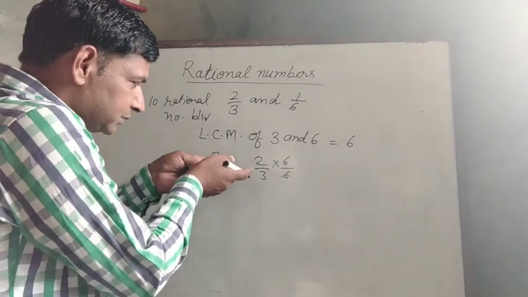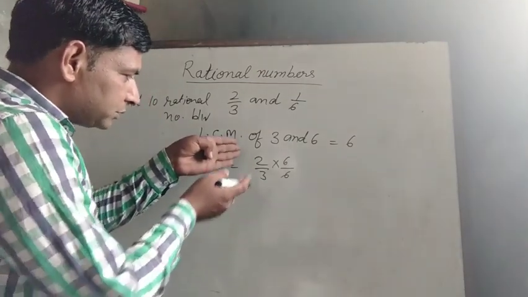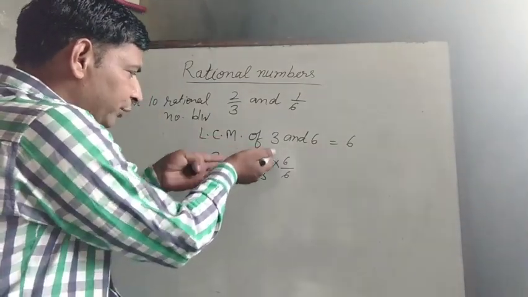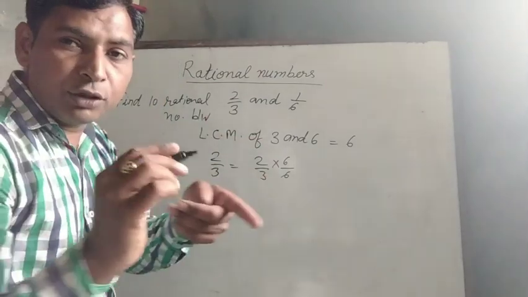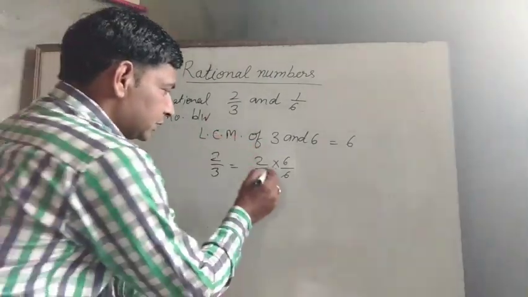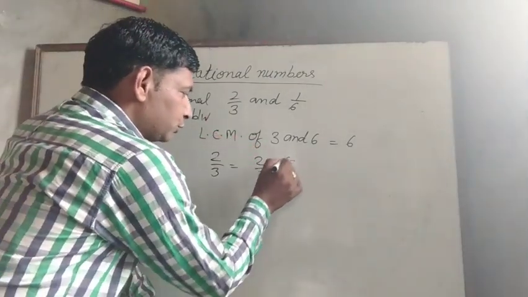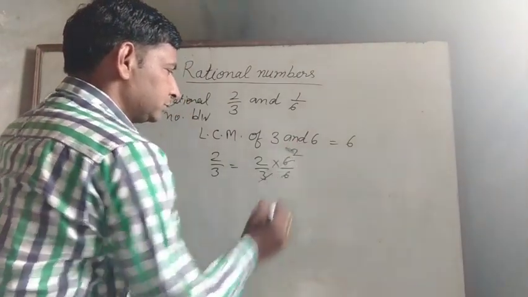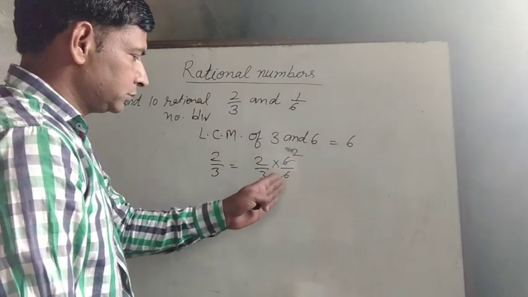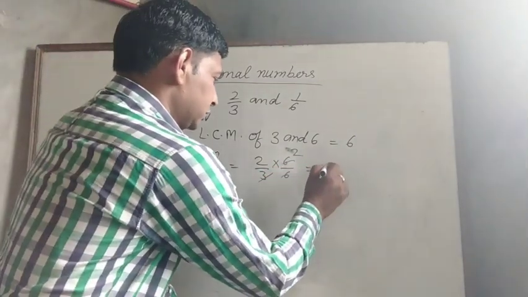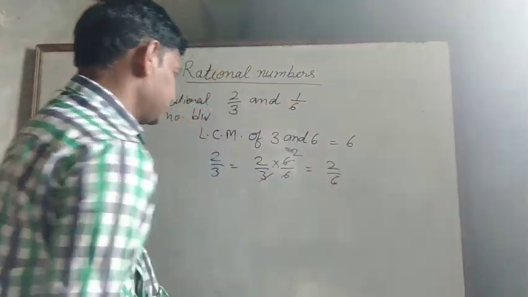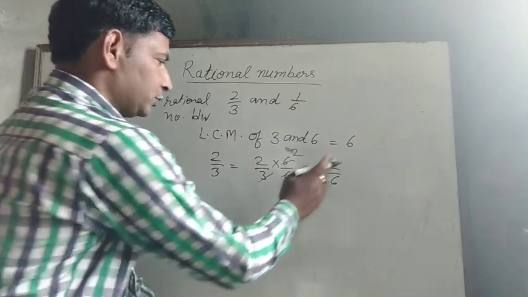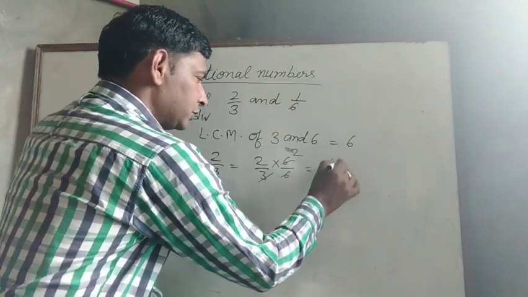We multiply the numerator and denominator by 2, then 2 times 2 is 4, 3 times 2 is 6, so 4 upon 6.